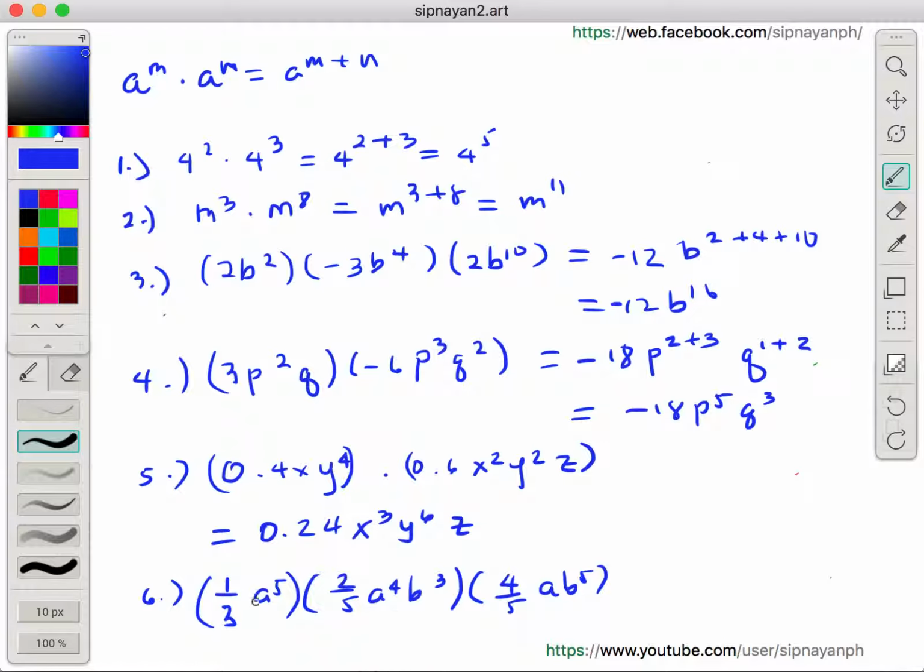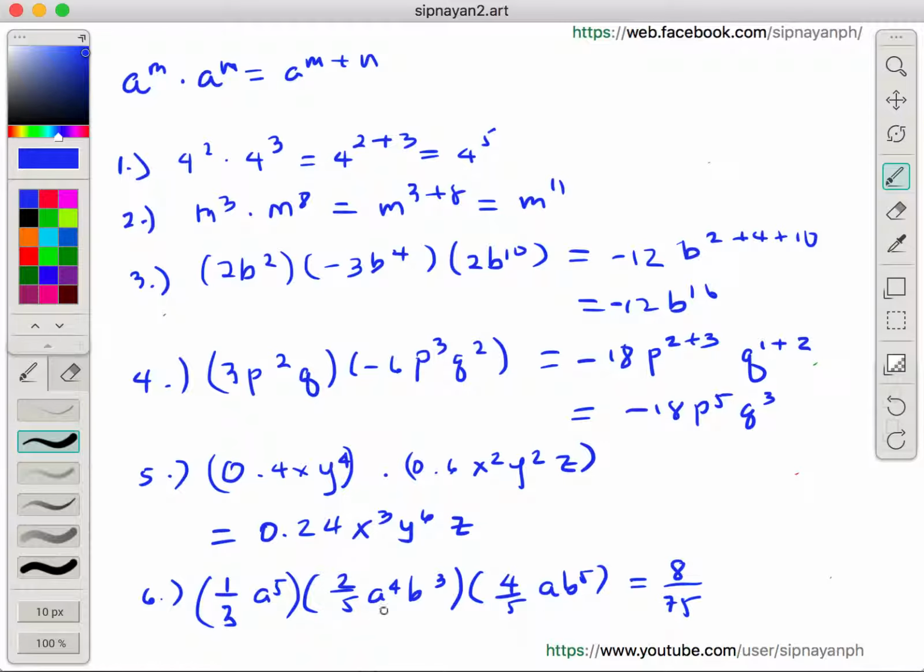which are fractions. So, sa numerator, we multiply the numerator first. 1 times 2 times 4, that's 8. And then the denominator, 3 times 5 times 5. What is 3 times 5? That's 15, times 5. Ilan ang 15 times 5? 75.